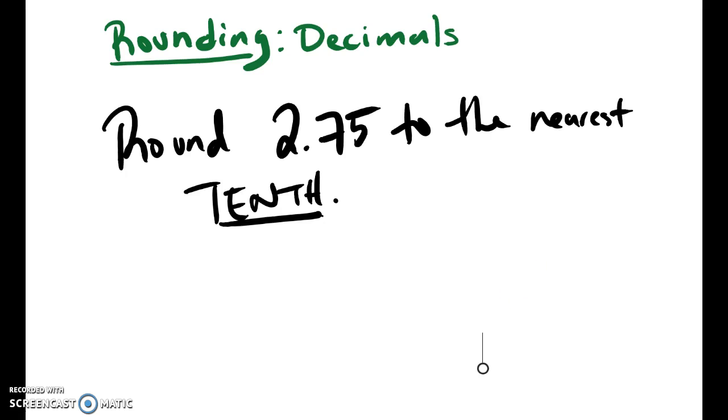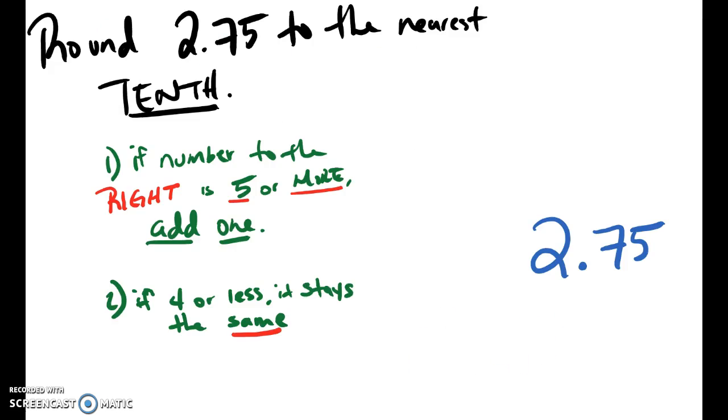Okay, so let's round 2.75 to the nearest tenth. Now, when we want to round a decimal, we have to follow some rules. Okay, so these are the rules.